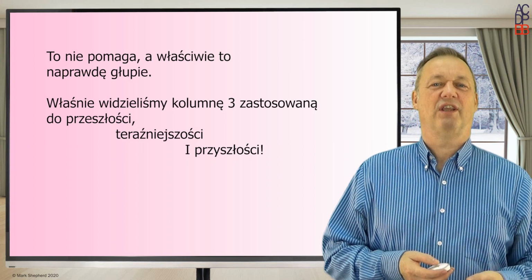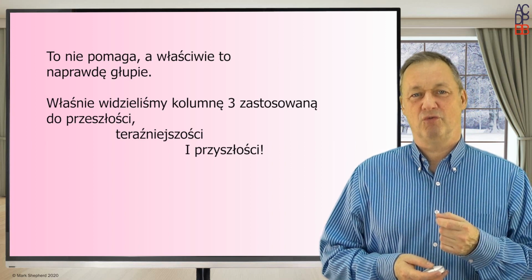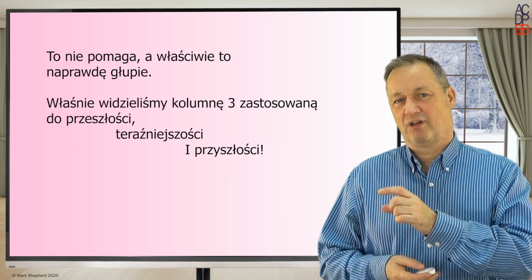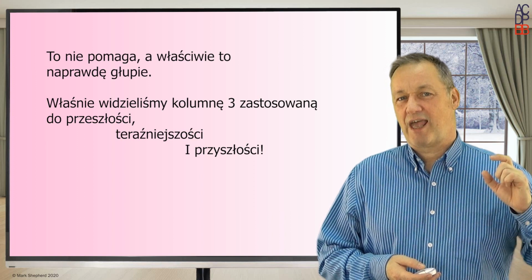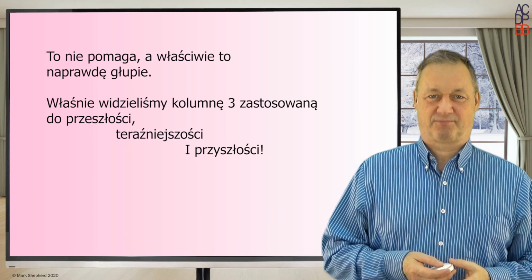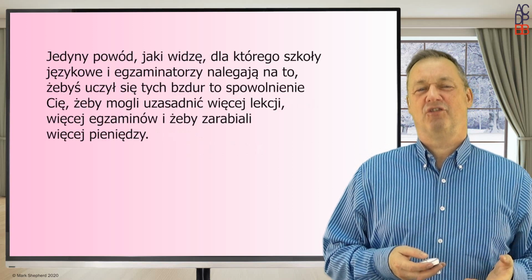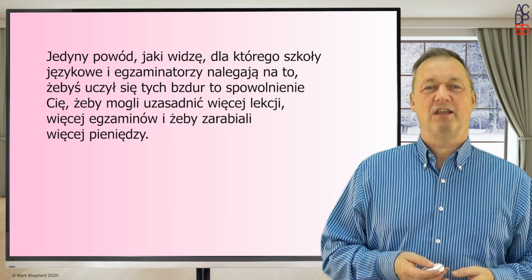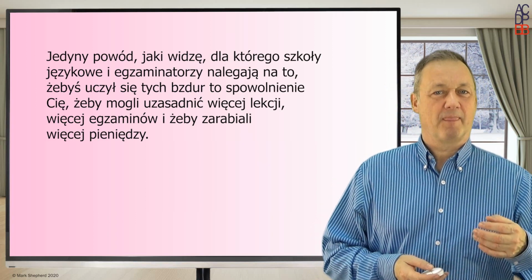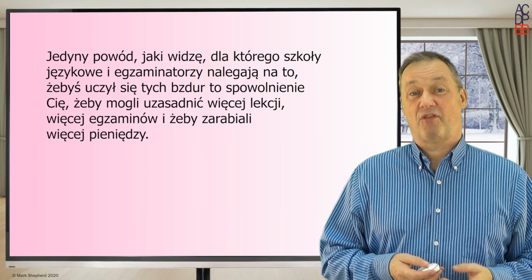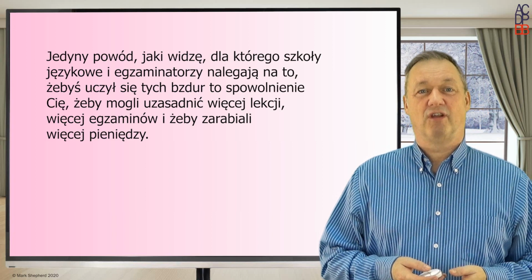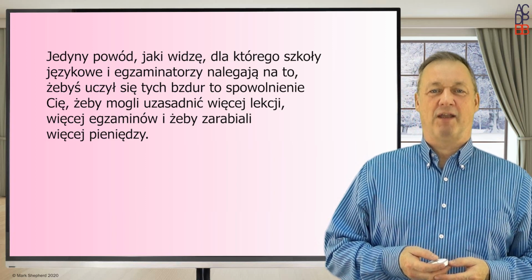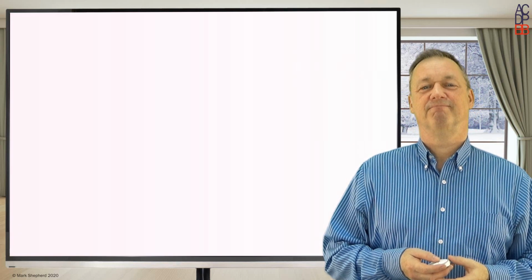We've just seen column 3 used for past, present, and future. Now, the only reason I can see that English schools and examiners insist on making you learn this rubbish is to slow you down so they can justify more lessons, more exams, and make more money.